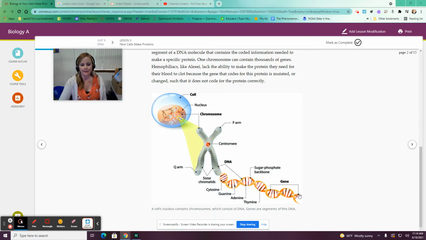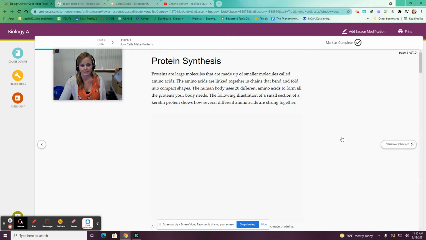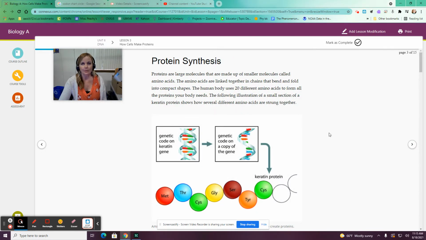DNA is made up of a sugar phosphate backbone, and that's 2 strands that are connected to each other by these nitrogenous bases. And in DNA, that is cytosine, guanine, adenine, and thymine. Going on further, we have a process called protein synthesis.